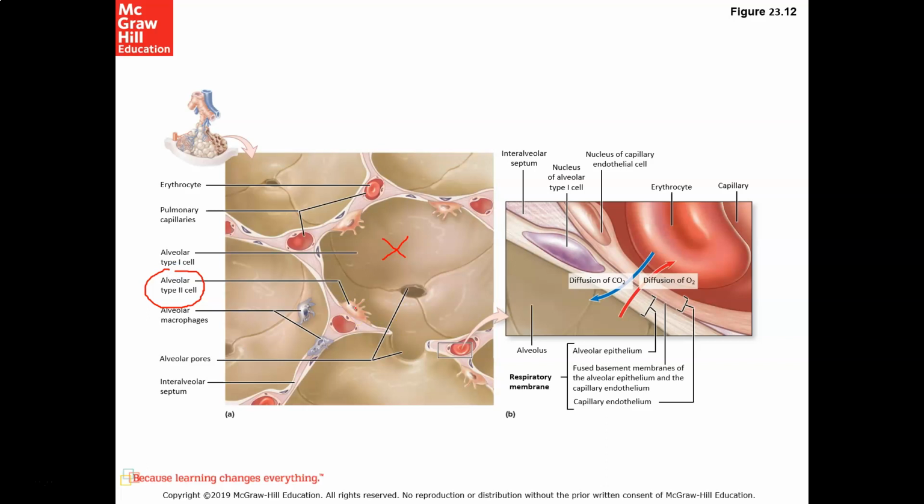Surfactant helps to keep the alveolus open, and it reduces the tendency of the alveolus to collapse in on itself. It keeps it open. And so you need the type 2 cells to make surfactant to lubricate the inside of the alveolus to allow gas exchange to occur.